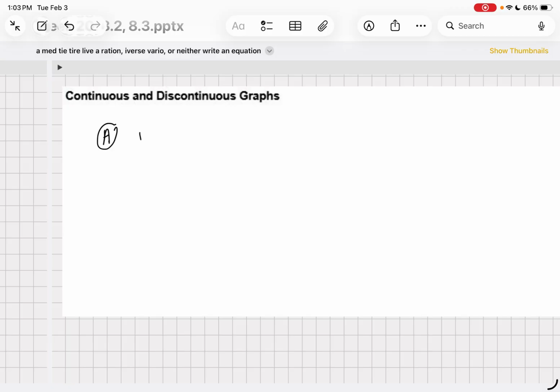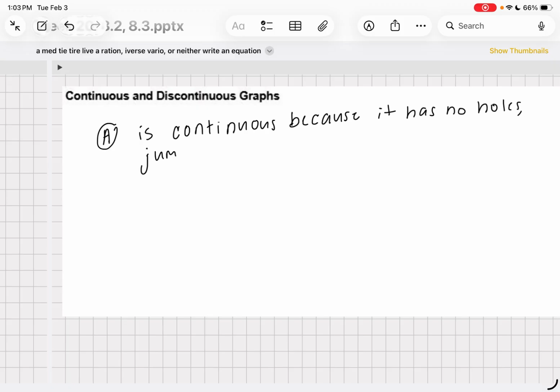Graph A is continuous because it has no holes, jumps, or skips. If I think about an asymptote, that is a skip because the graph skips over a point.